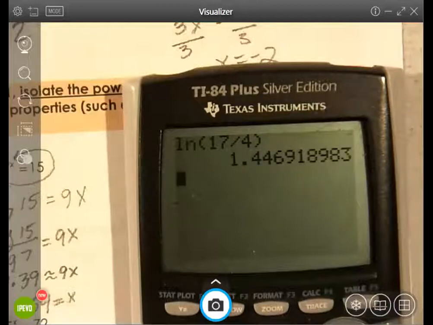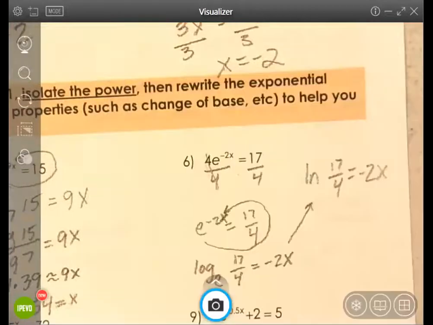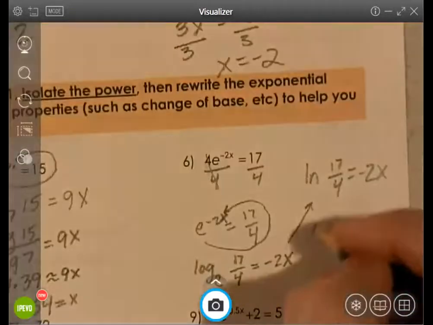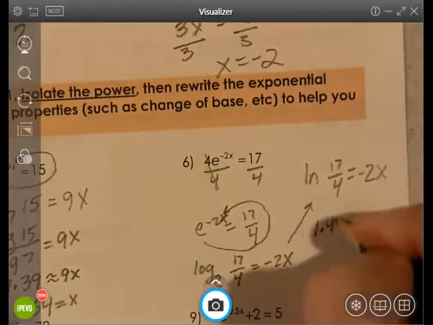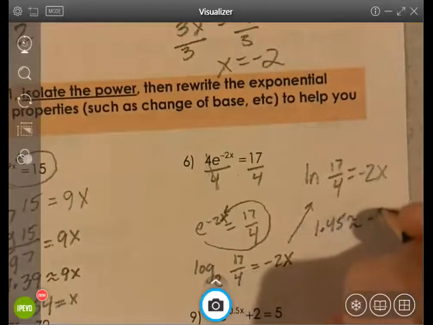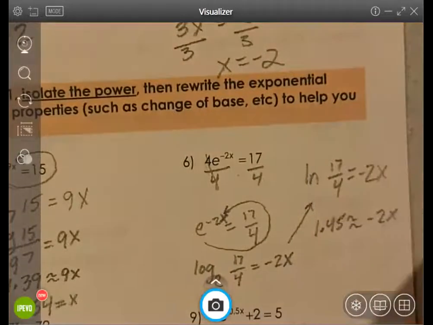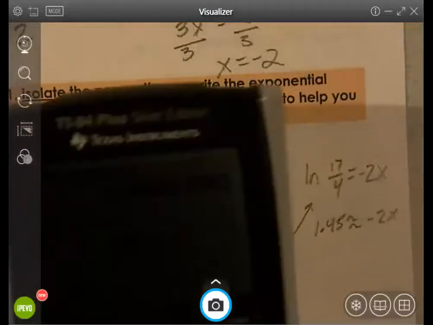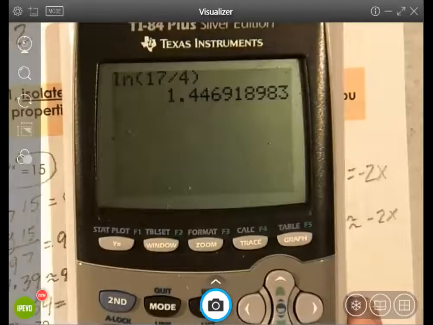So we get 1.45. And we're going to divide that 1.45 by -2. So remember, I'm dividing the real answer by -2.